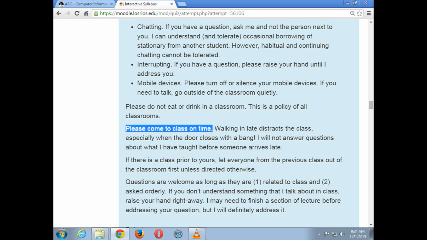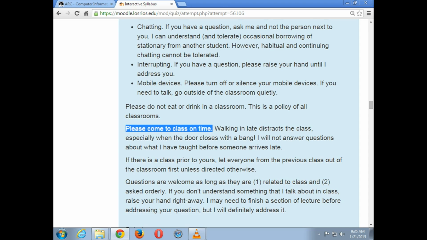Please come to class on time, because walking in late can distract the class as well. I do not lock the door. Okay, I try to make sure that the door is still open, but it is distracting to the rest of the class. Is parking okay today, or is it really bad? Bad. It's bad? How can it be bad? We have a multi-story parking structure.